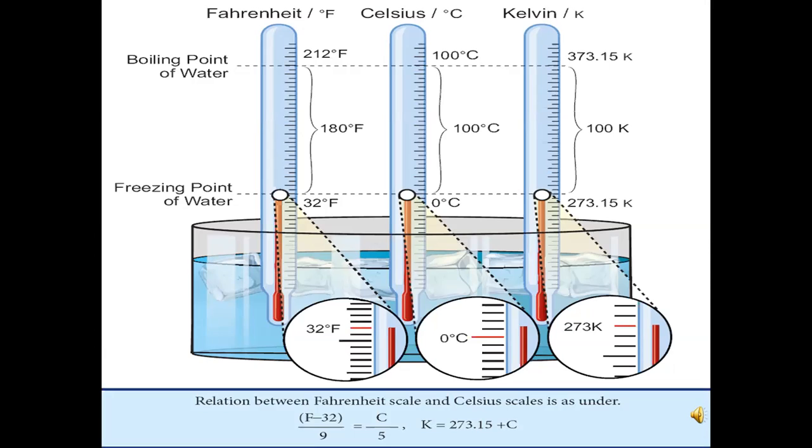We can easily find out using this formula. We can find out temperature of Fahrenheit and temperature of Celsius, and also Kelvin: K equal to 273.15 plus C, Celsius. So using these two formulas, we can easily find out Fahrenheit temperature, Celsius temperature, and also Kelvin temperature.